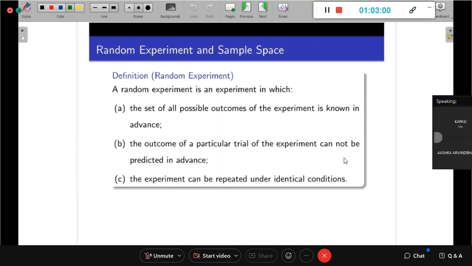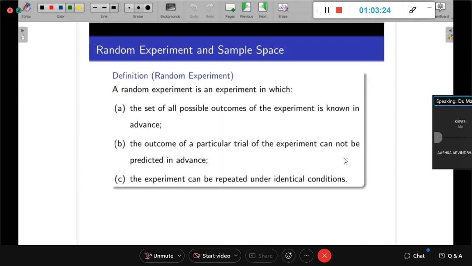If you read out all these 3 points here, you will get a very clear definition of a random experiment. That's why its name is attached, randomness. The first point says that the set of all possible outcomes of the experiment is known in advance.